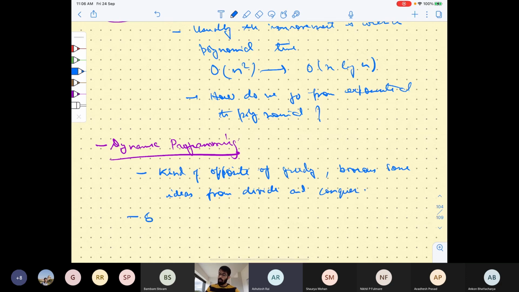It explores the space of all solutions by decomposing the problem into subproblems.